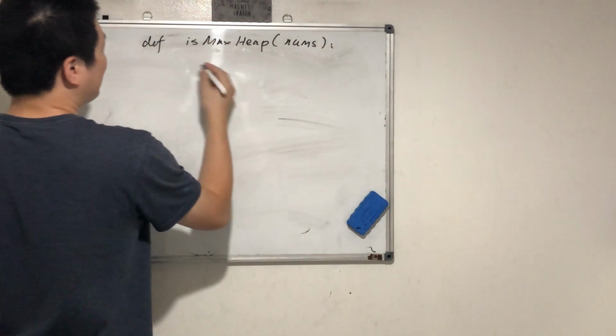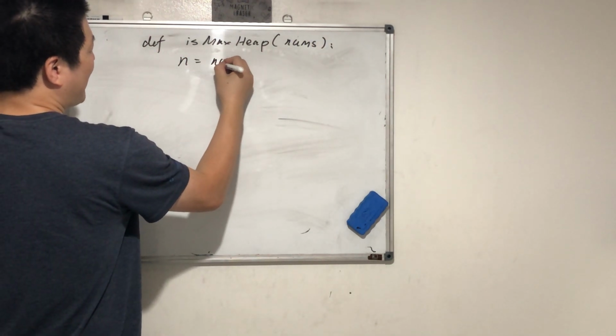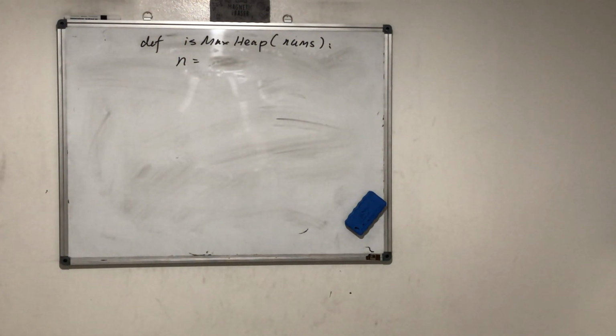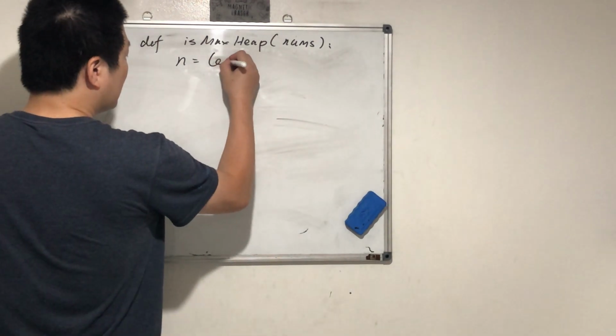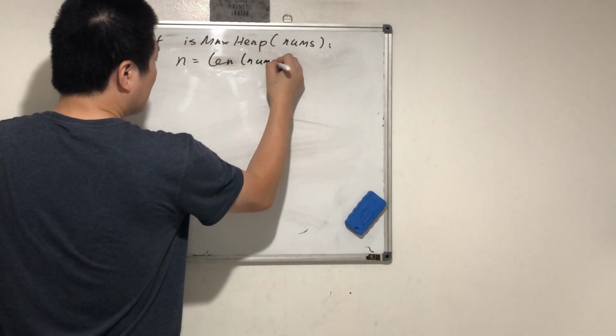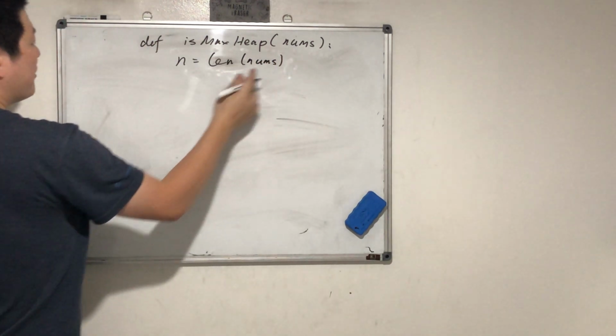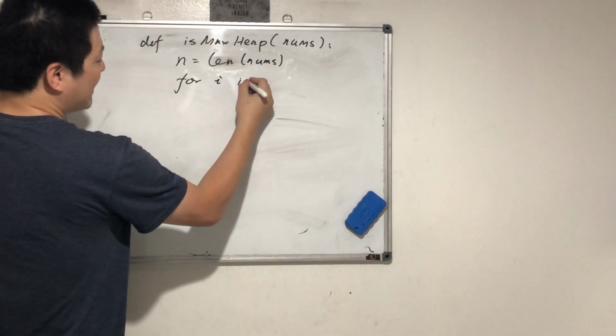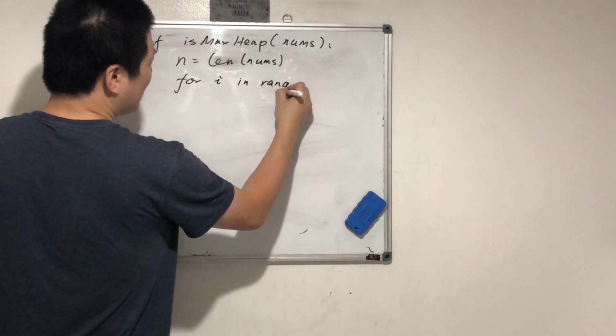First of all, we want to find out how many numbers there are. What's the function to find out how many numbers in the list? Length. Then for i, the index, in range what?